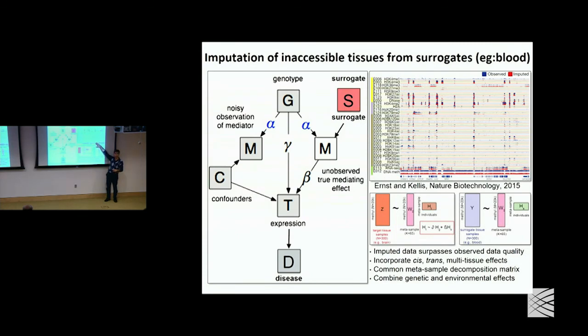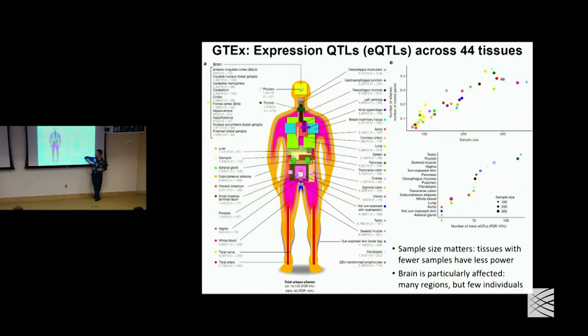We can use surrogate tissues such as blood to basically improve our prediction of these intermediate variables. And we can actually start doing that across many different tissues. So just a couple of weeks ago, the GTEx Consortium published the largest QTL study across 44 different human tissues.